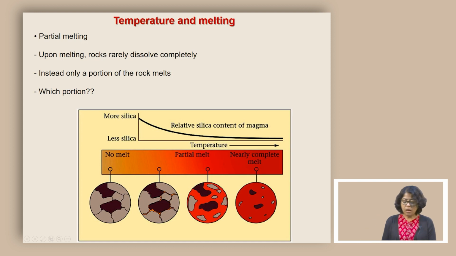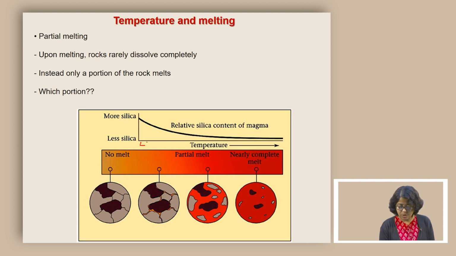So, now if we look at this diagram, which is the silica concentration, we see that this is the less silica and the silica increases around here. With increasing temperature, we will find that the high silica actually melts at low temperature.